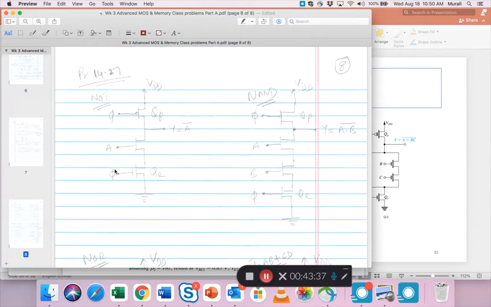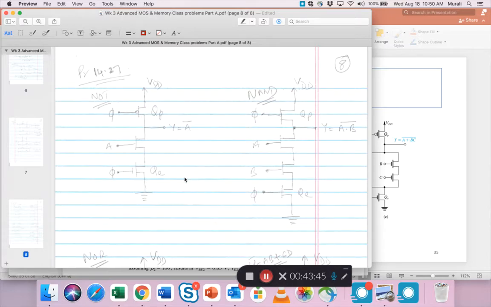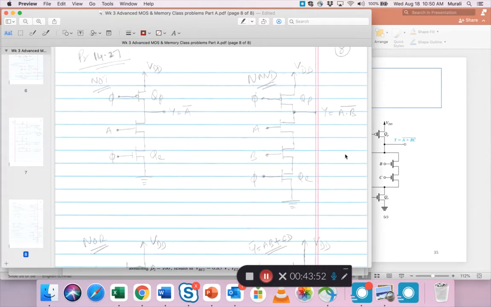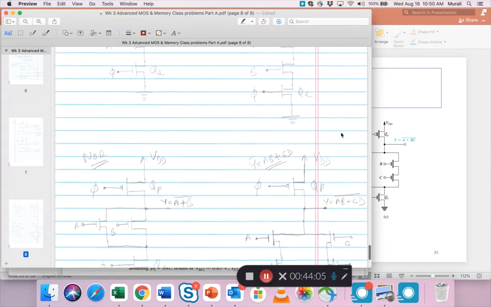So how do you do a NOT gate? You want NOT A, right? So this is how the circuit is connected. Here there's no analysis, no finding tPHL and all that, just drawing these basic gate drawings. So if you want a NAND, A and B are the inputs, you need a QP on the top, you need a QE on the bottom, you don't need anything else, and you get this Y equals complement of AB.